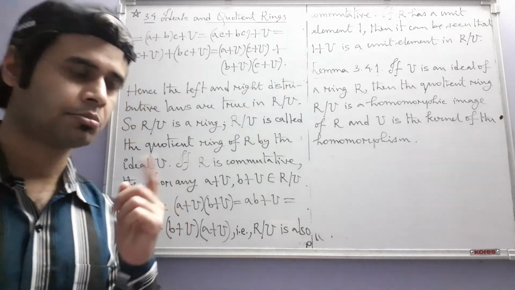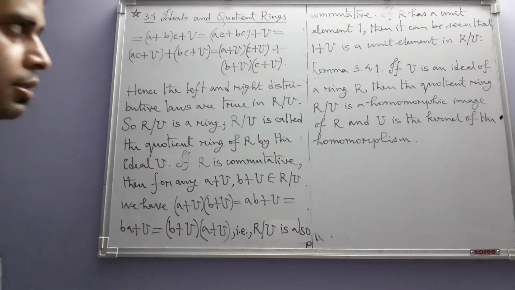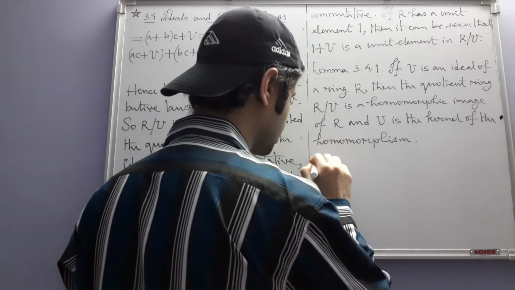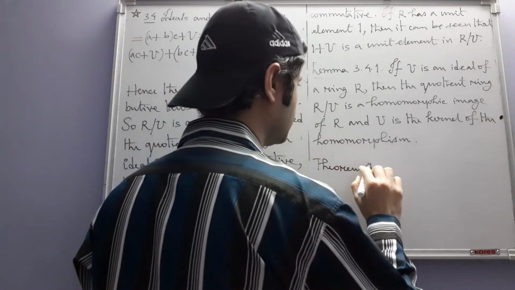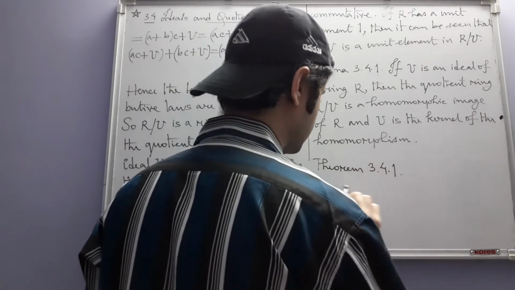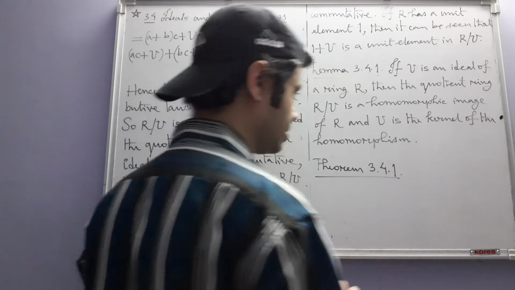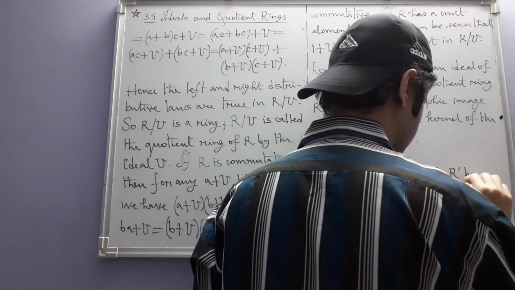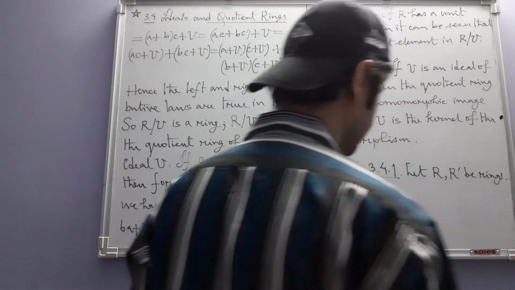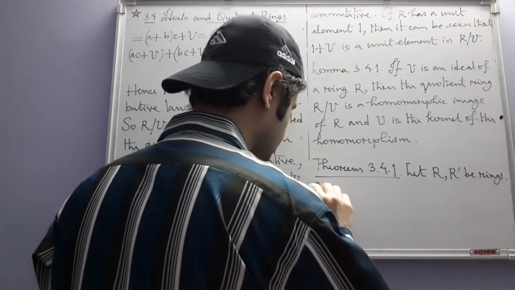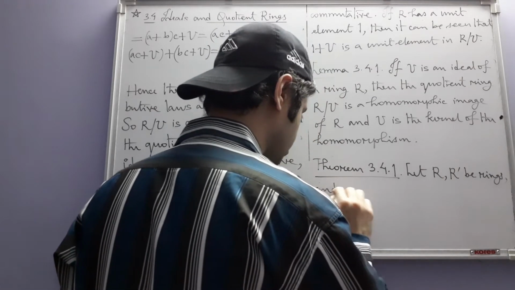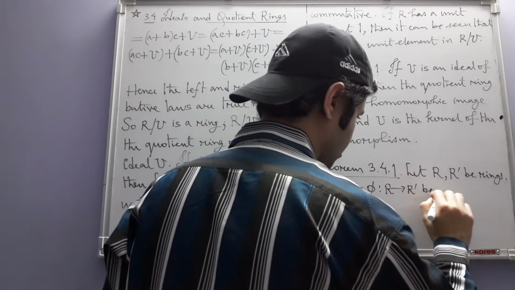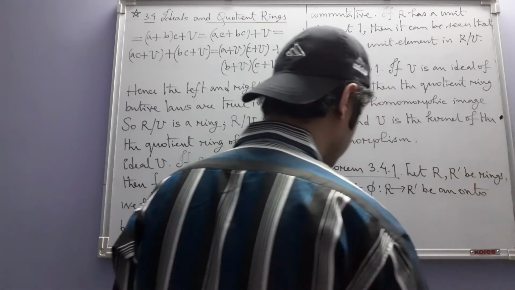And just like that, there is one more thing in group theory, the correspondence theorem, and that also has an analog for rings, which is our theorem 3.4.1, and it goes like this: let R and R prime be rings, and let phi from R to R prime be an onto homomorphism.